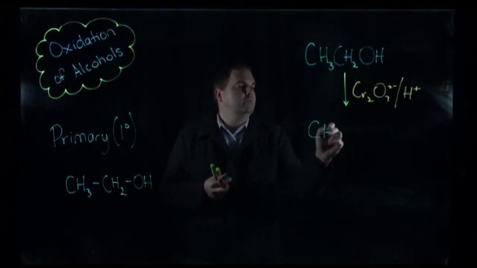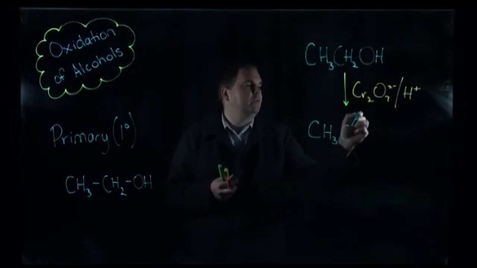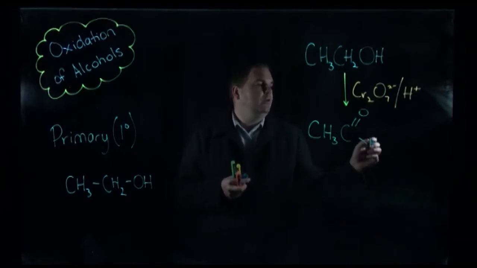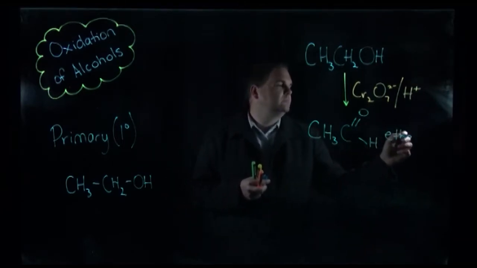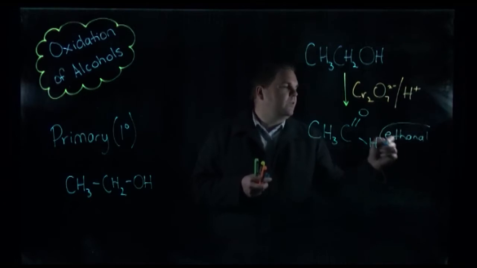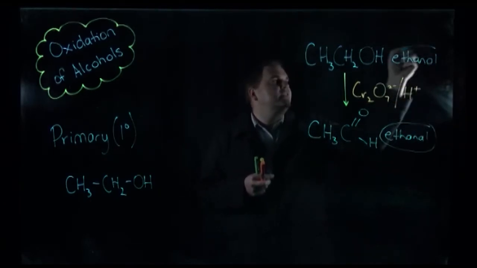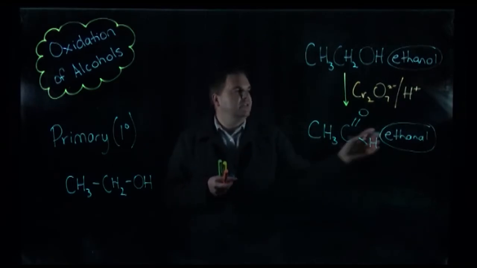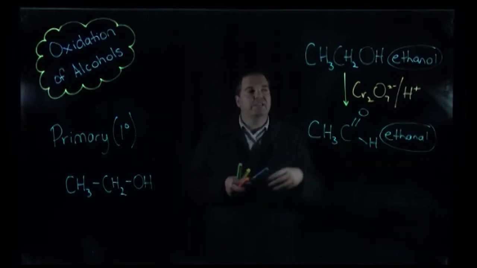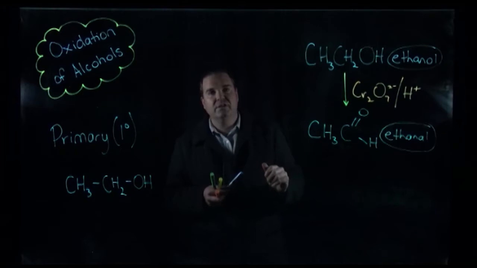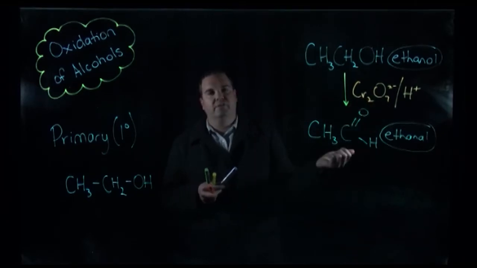So what we get is this, which is ethanal. So the first step from ethanol, oxidized with acidified dichromate solution, is to go to ethanal. Now we would see an orange to green colour change here because our dichromate would be reduced.